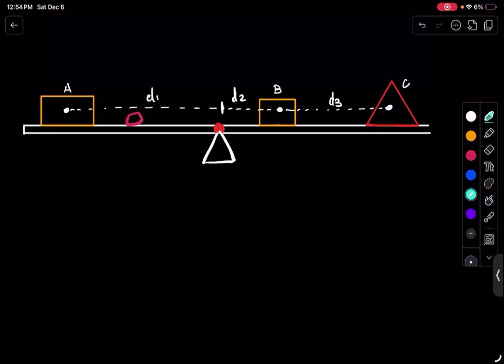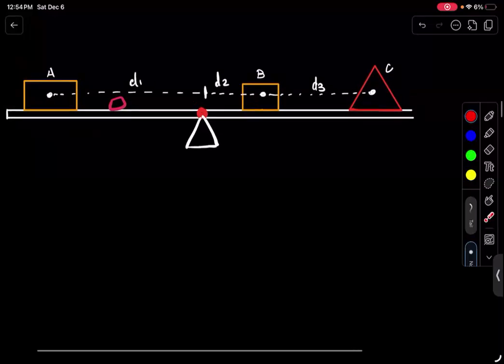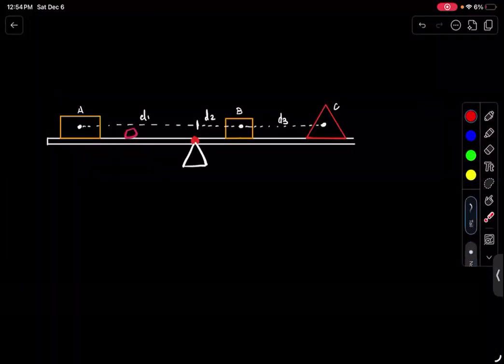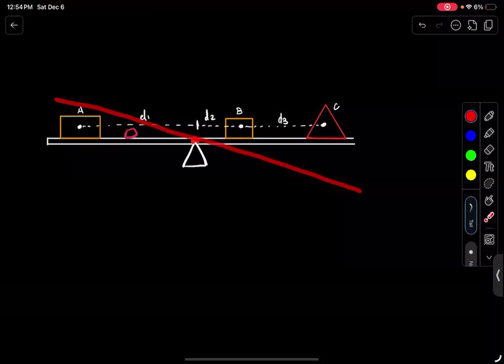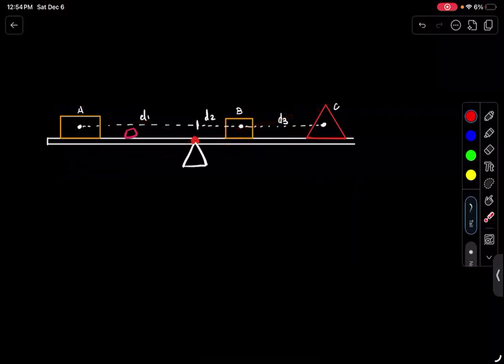Okay. Now, think about it. If this is a wooden bar, that means it can tilt in this direction, or it can tilt like this, right? It will depend upon the distance at which these masses are, and it will depend upon the different forces, the different masses that you have.